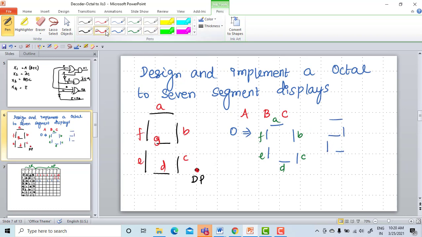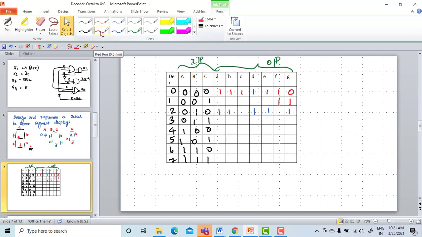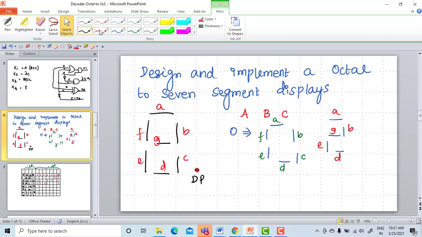So this is A, B, G, E and D. Okay. And similarly for 3, A, B, G, C, D.